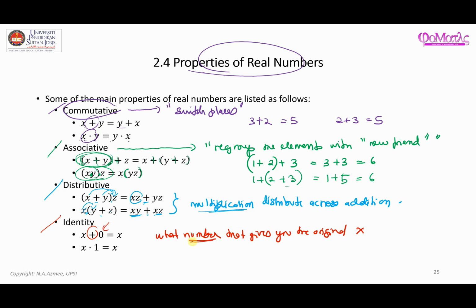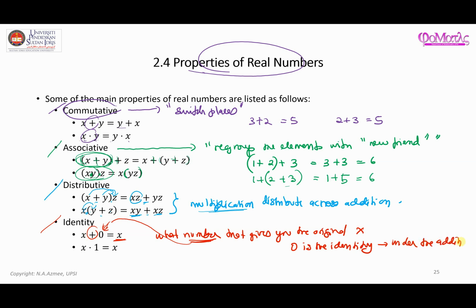The number 0 is the number that when you add 0 to x, you will get back the original x. So that's the idea. We can say that 0 is the identity under the addition process.